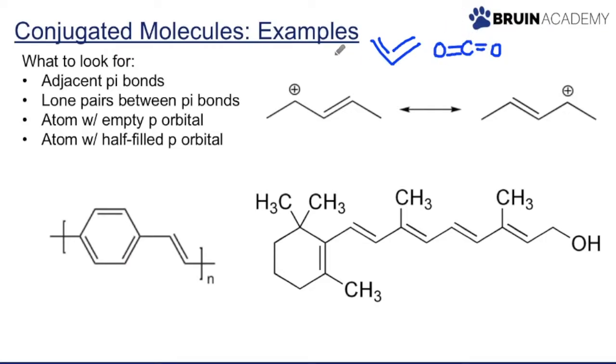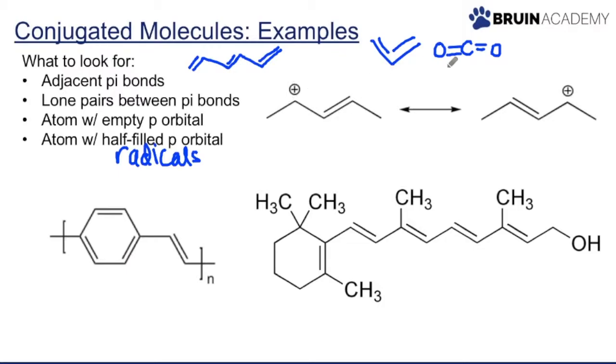But I mean something more like this, where you have this nice spacing between the double bonds. So it's kind of alternating, I guess. But in a way, they are adjacent to each other. So that's what I look for. I also look for lone pairs between pi bonds, empty p orbitals, as well as any half-filled p orbitals. Things like radicals, for example, can count towards the conjugated molecule.